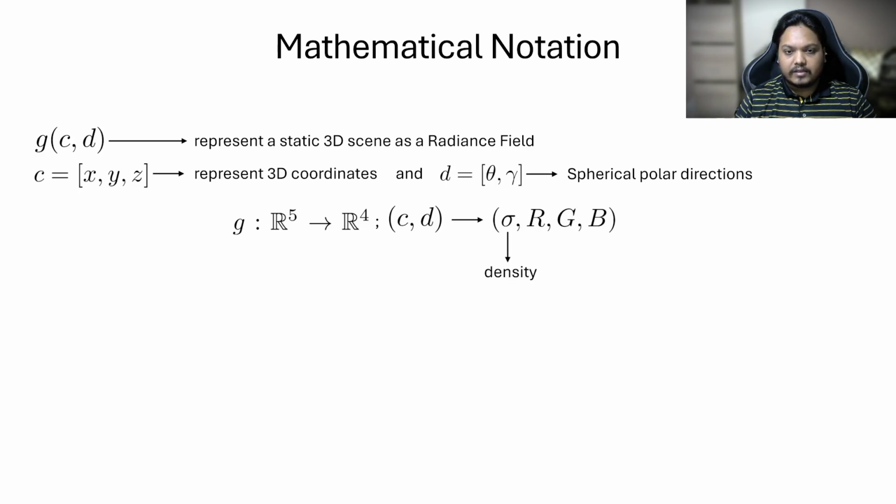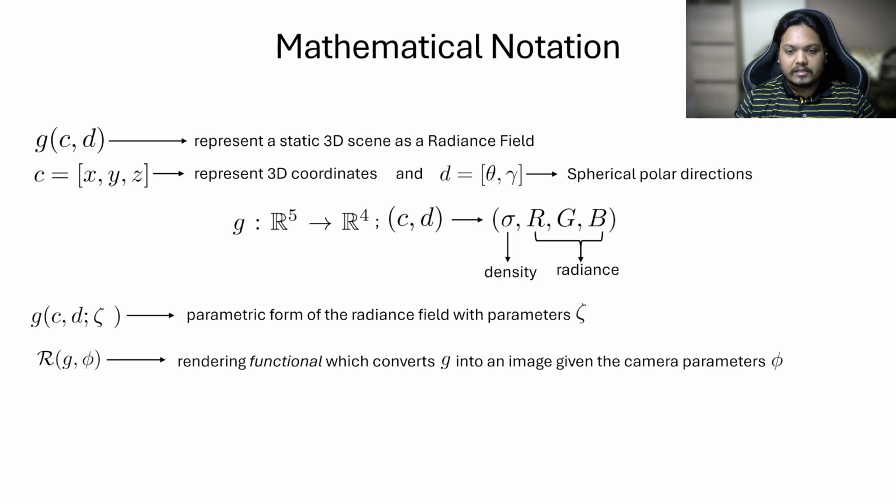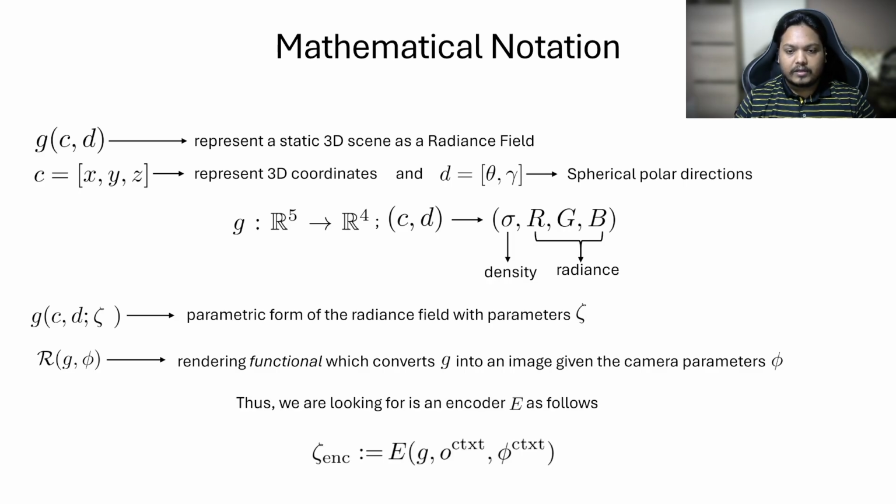Here sigma is the density and RGB represents the radiance. Since g is a parametric function, we represent the parameters or the weights of the radiance field by zeta. And lastly, we define r as the rendering functional, which renders 2D images out of the radiance field. Thus, what we are looking for is the encoding function e, where O context are the observed 2D views and phi context are their camera parameters.